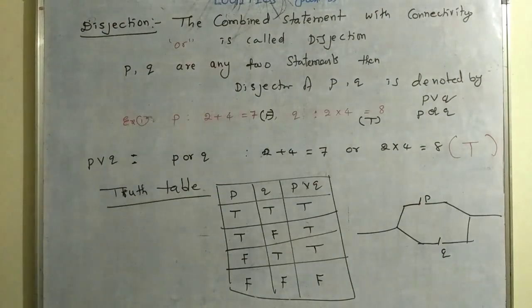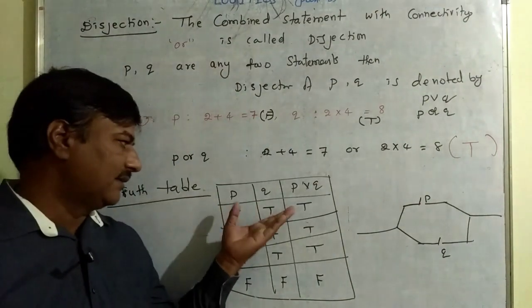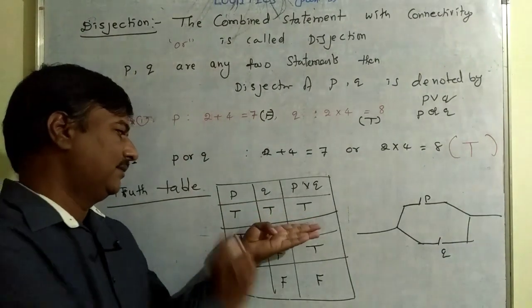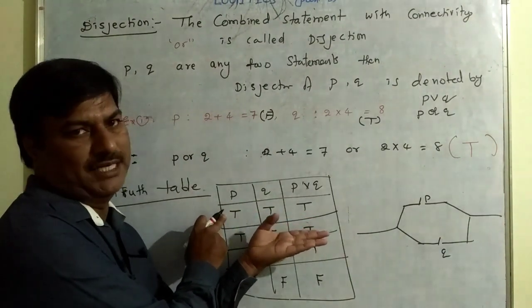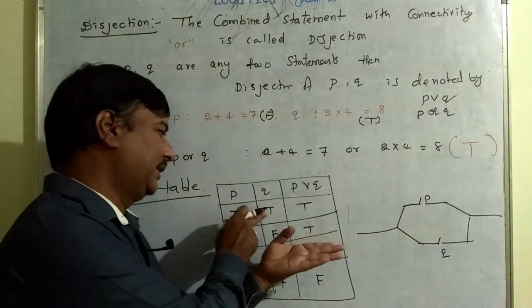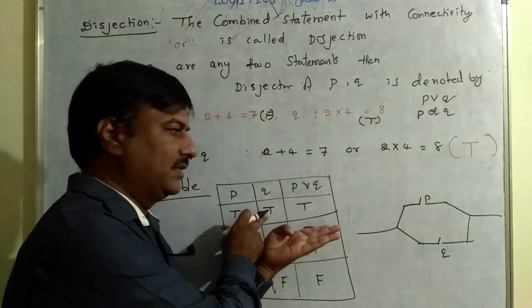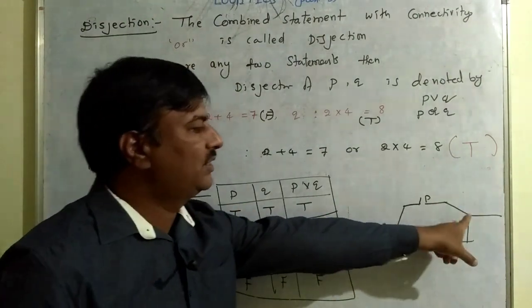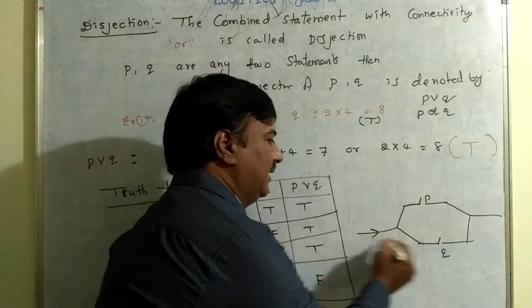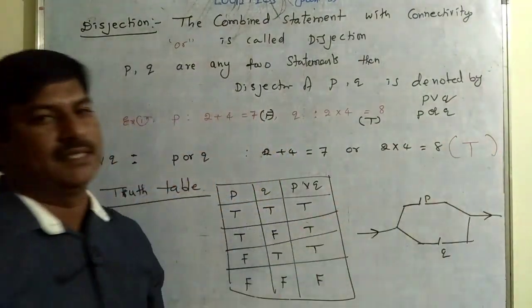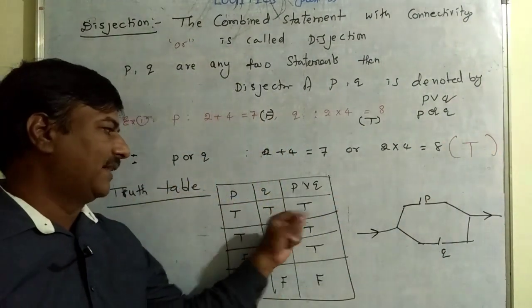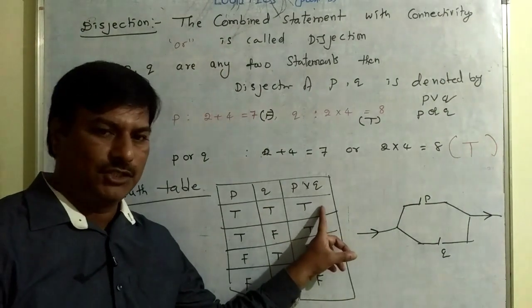Both are connected in parallel. Now let us discuss the result. P switch true means closed, Q switch true means closed. If both are closed, the current passes from start to end, which means the final result is true.